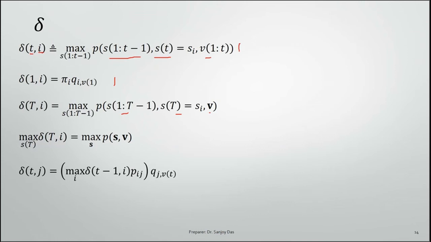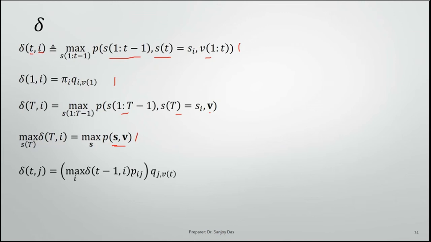And we ultimately need to find this. This is our goal. We need to maximize over all possible state sequences. Given V, what was the most likely state sequence that generated V? That's our goal. And instead of the conditional probability P(S given V), we are looking at the joint probability P(S comma V).